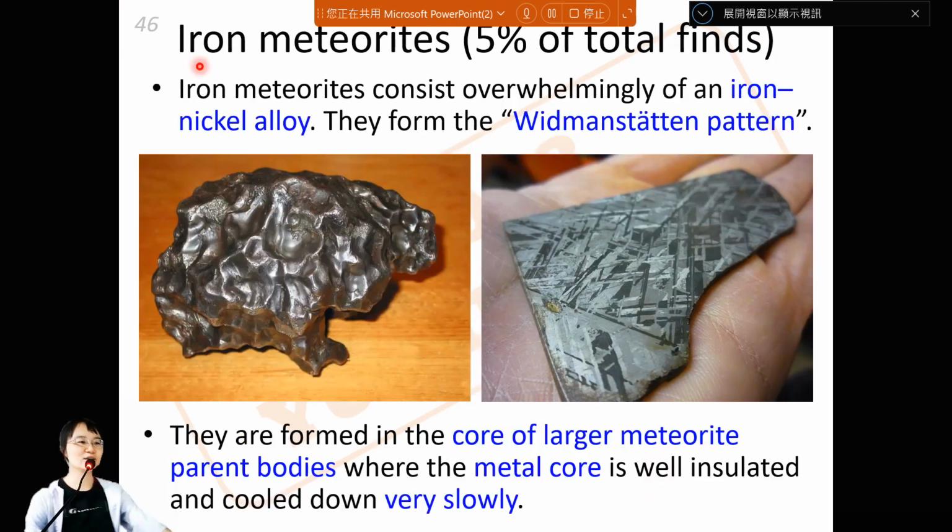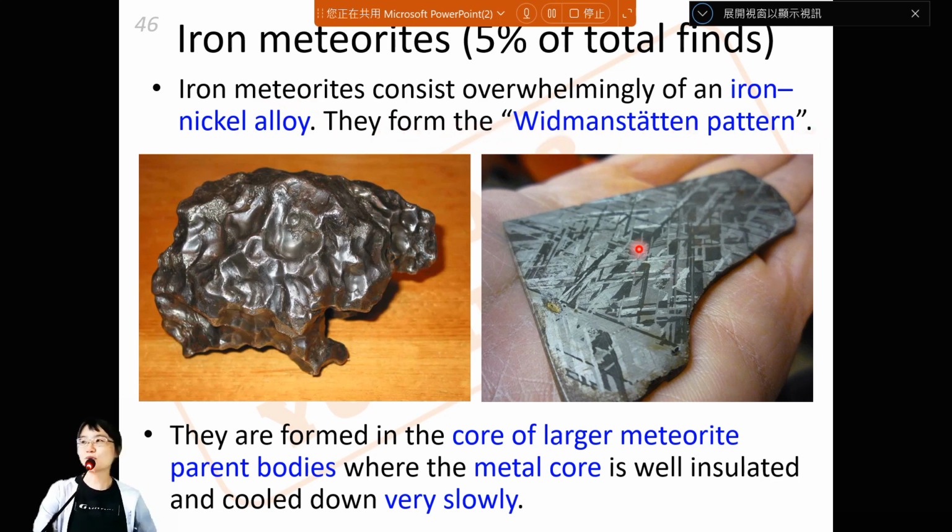And lastly, we have so-called iron meteorite. In this case, we no longer call them chondrite or achondrite. We call them meteorite because they are simply a piece of metal. It's 5% of total finds. Iron meteorites consist overwhelmingly of an iron-nickel alloy. They form the Widmanstätten pattern. This.